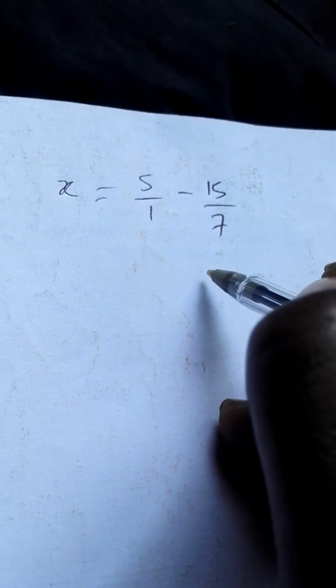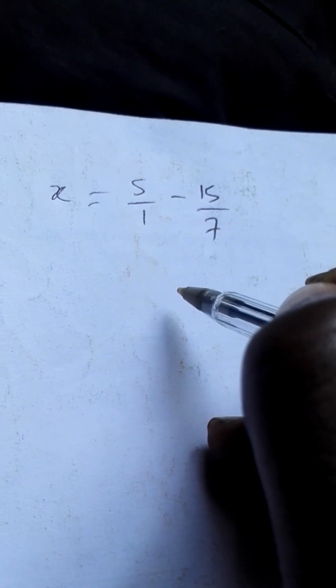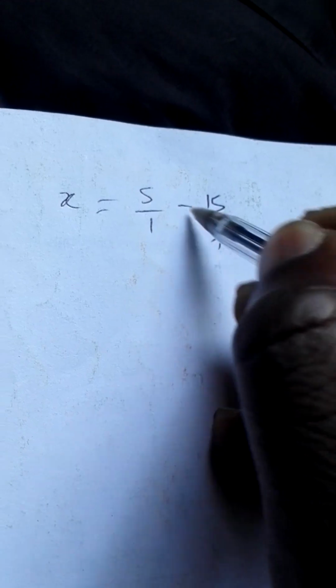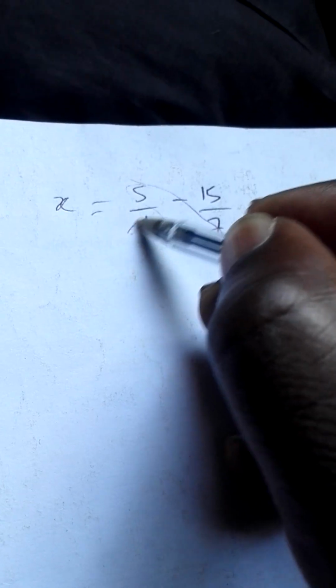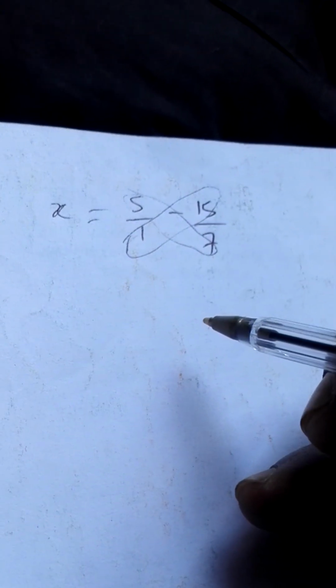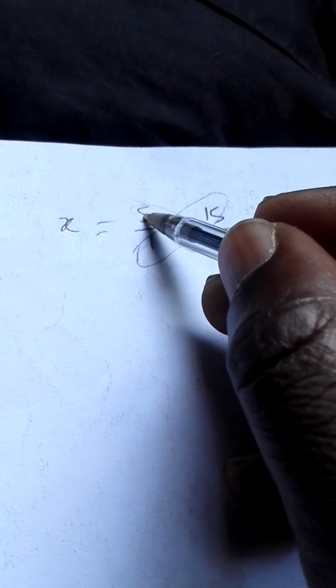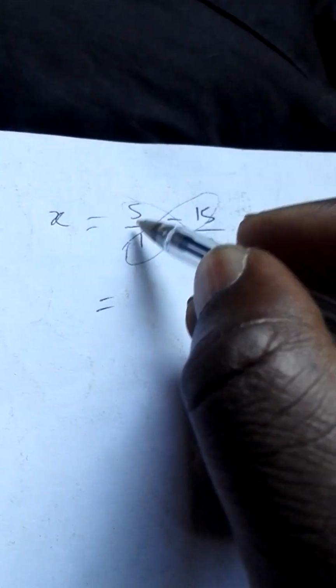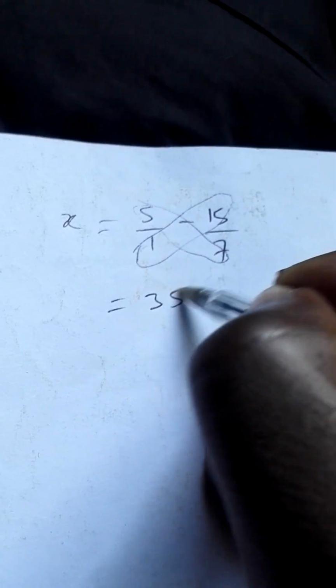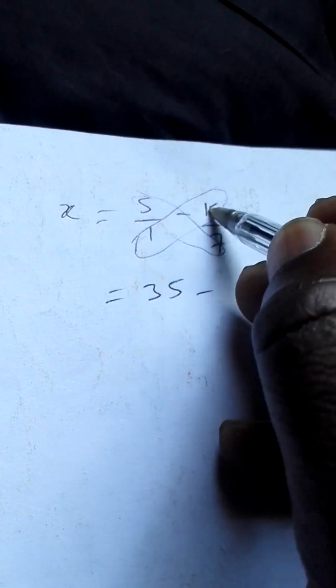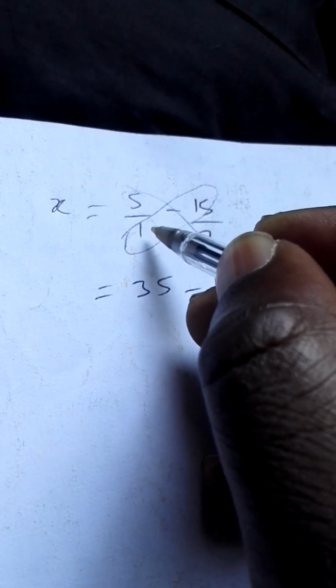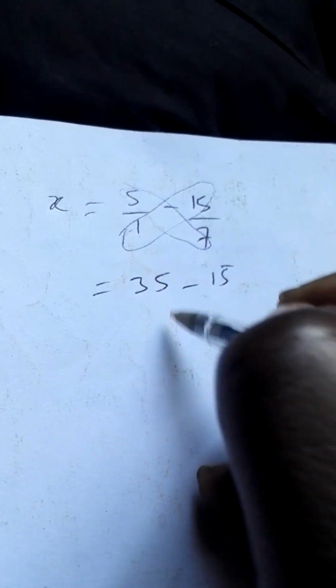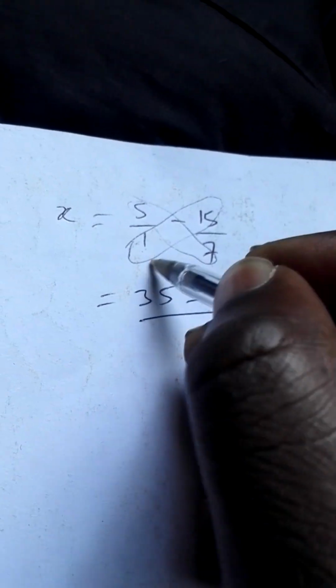To subtract these two fractions, we need a common denominator. 5 times 7 gives us 35, minus 1 times 15 is 15, and then we multiply the denominators, 1 times 7, which is simply 7.